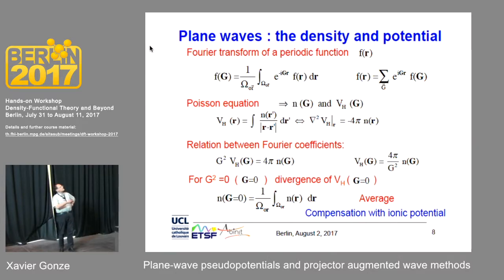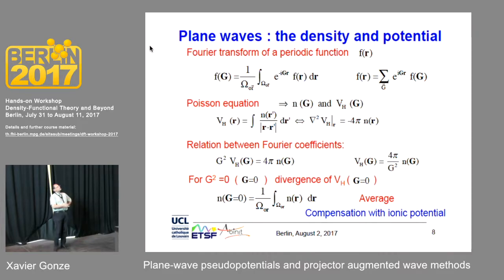Now let's see first what is the connection between a density and the potential. It's given by the Poisson equation. This integral equation changing from the density to the potential corresponds, in real space, to this Laplacian, which is equal to minus 4 pi times n.